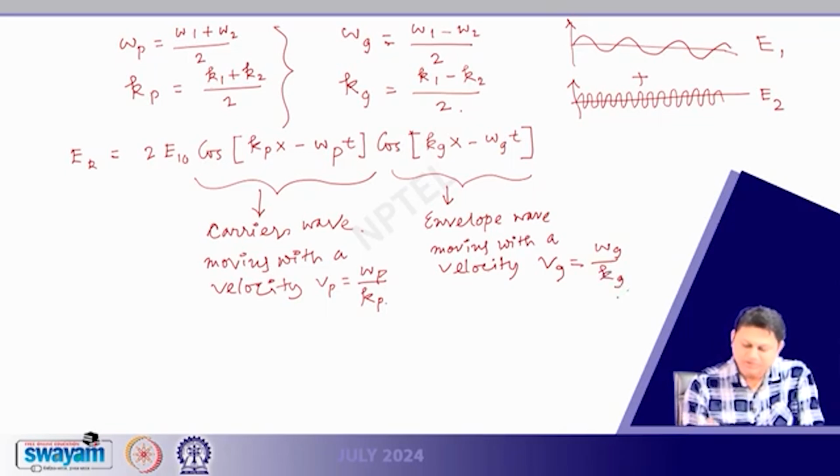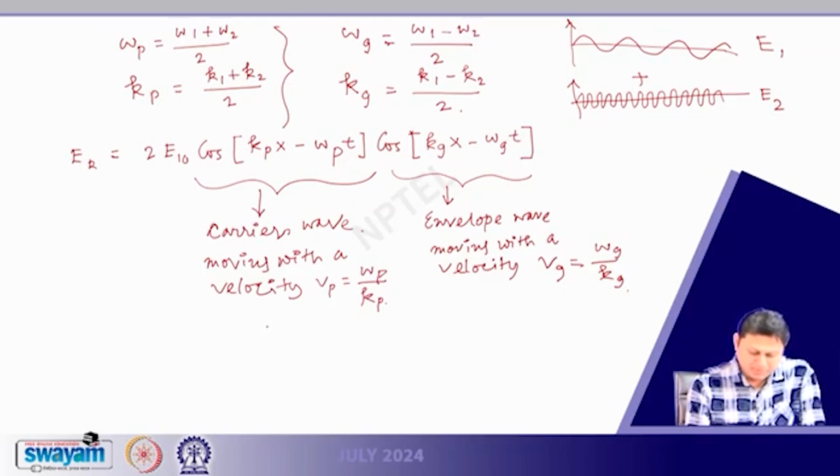This is the velocity at which it is moving. Clearly, the velocities of these two are not the same. It can be the same in a few cases, but in general it is not the same.